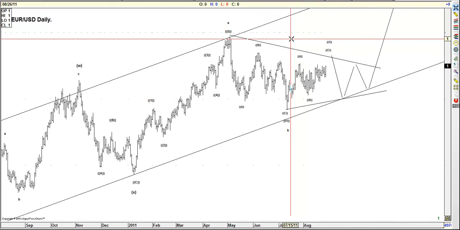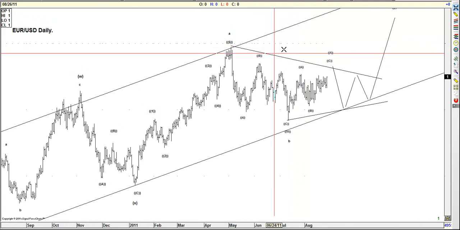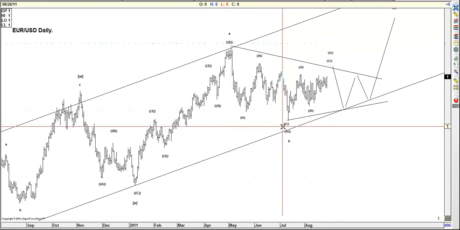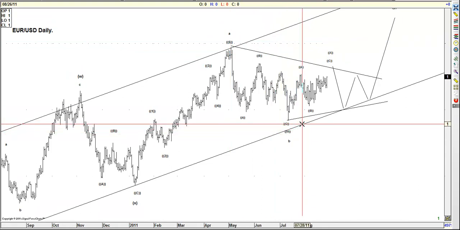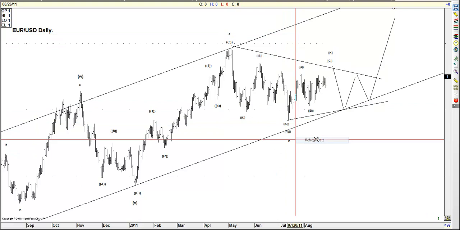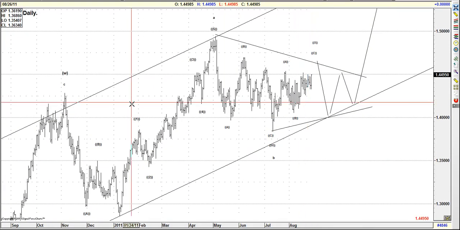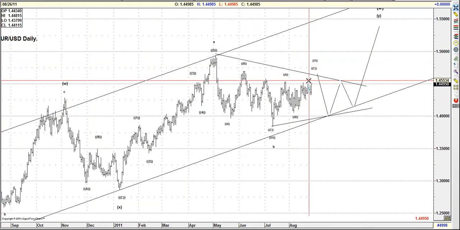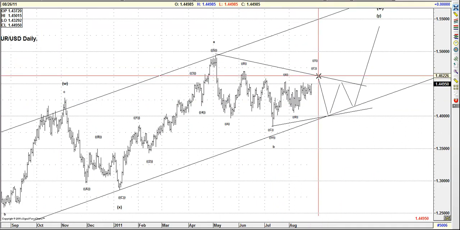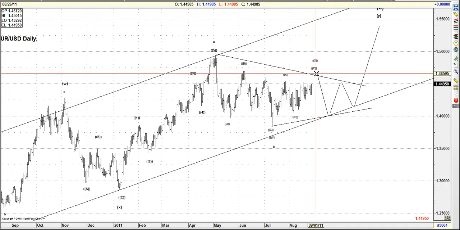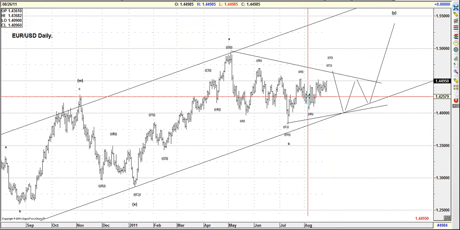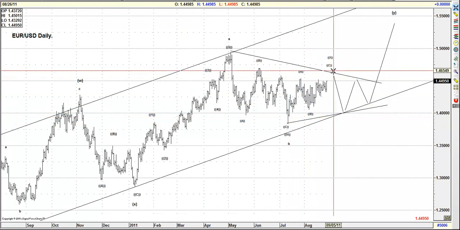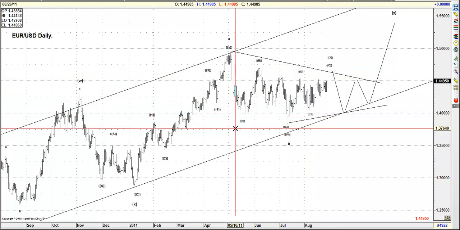When we are right here and we got 3 downs, most likely we're gonna trade higher, and then I think the area around 146, 147 in the euro is gonna end a 3-way cycle that is coming from the lows.